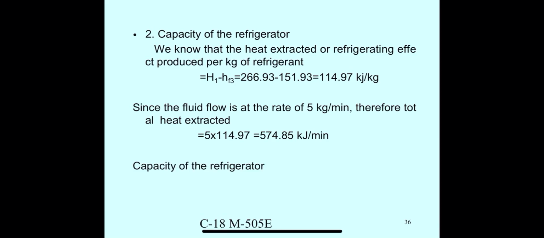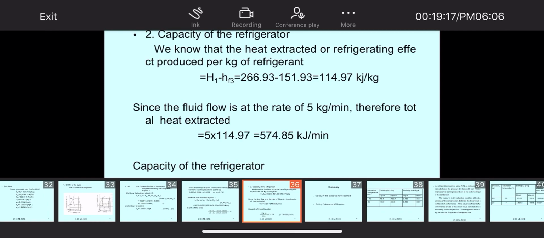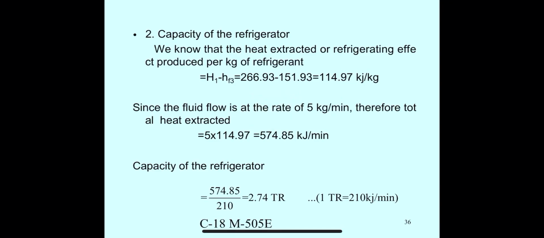Okay, capacity of the refrigerator is 574.85 by 210, that gives 2.74 tons, taking 210 kilojoules per minute as one ton.